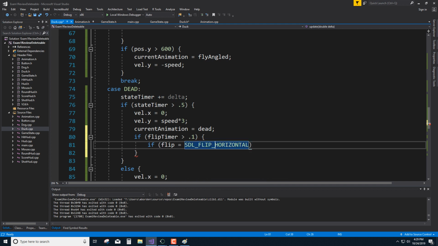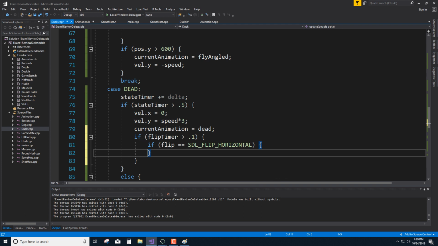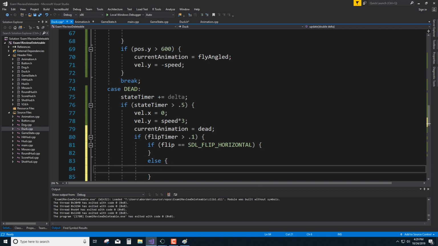Yeah, it does. I hate database. Database did that to me. Else flip equals SDL_FLIP_NONE.